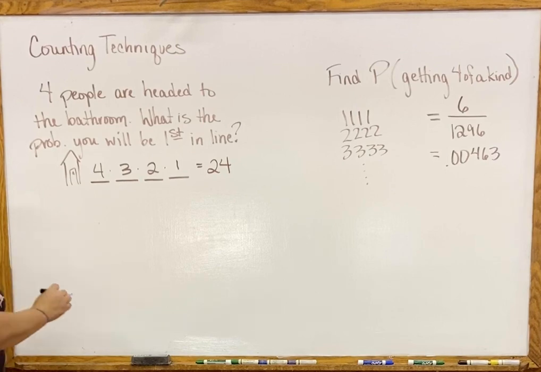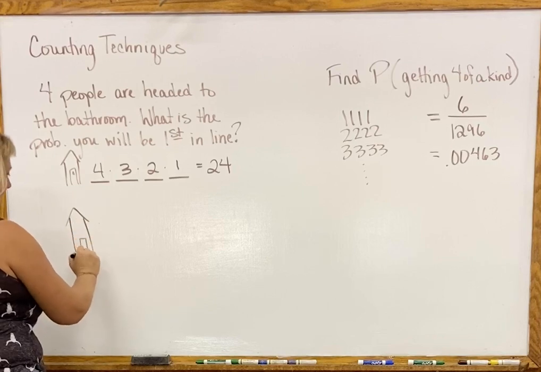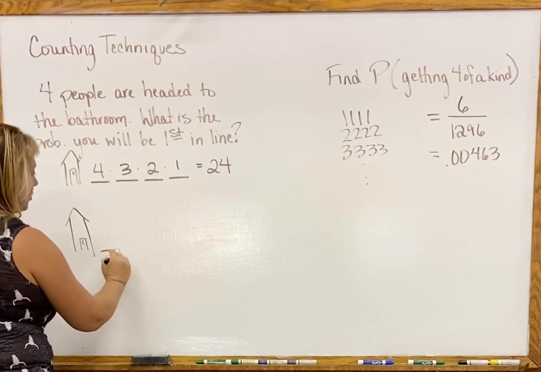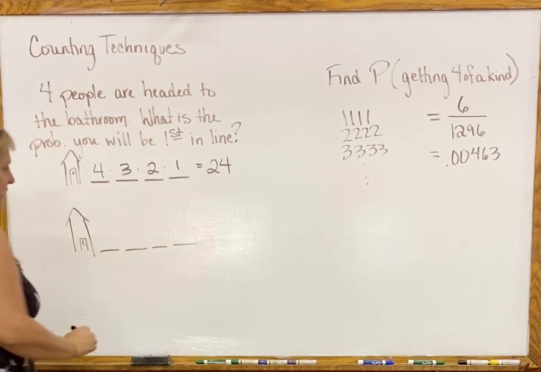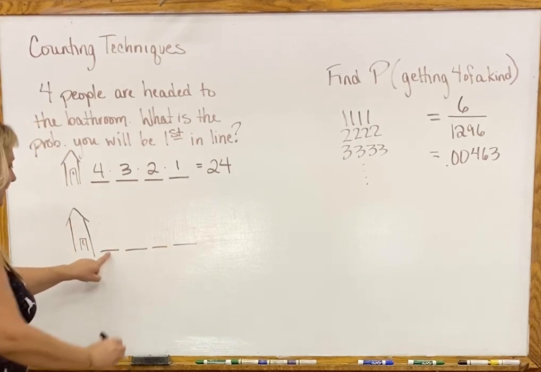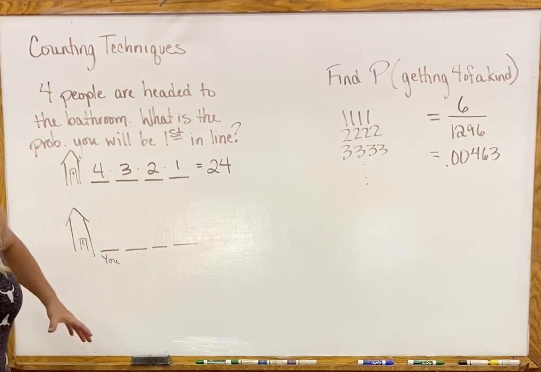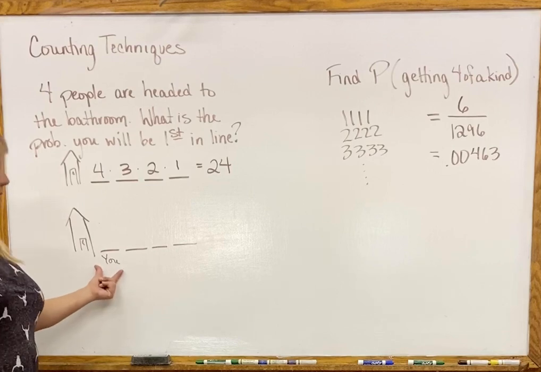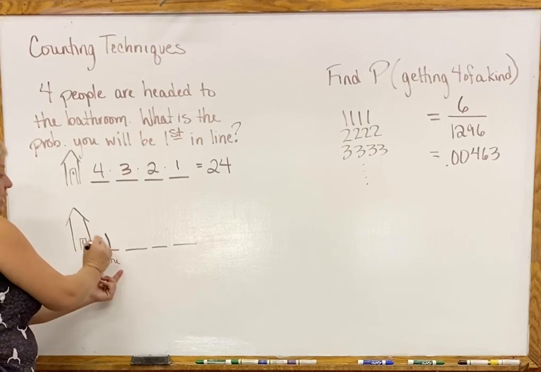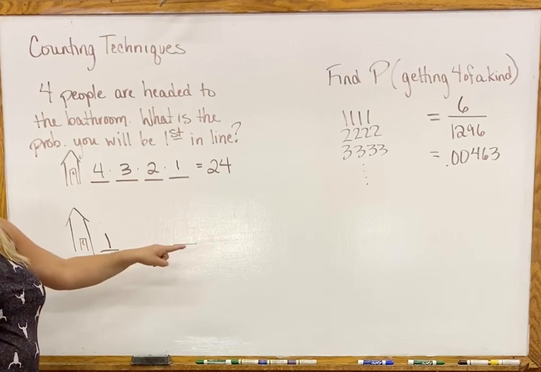Now, what I want you to calculate is you being the first person in line. So we're gonna do the same thing, but we're gonna make this guy be you. Which means as the 4 people are rushing, but you wanna be first in line, there's only one option for that first slot. It's you. You're gonna get there no matter what. So now you are standing here, but things are still happening over here.